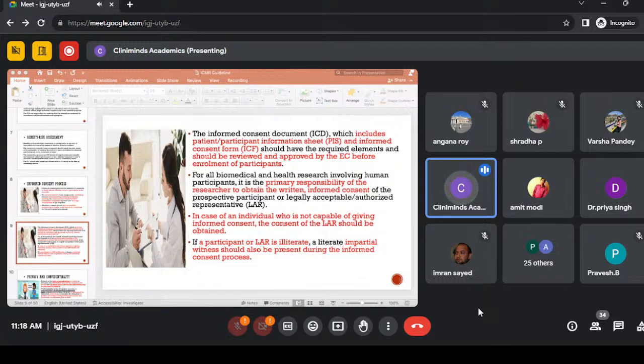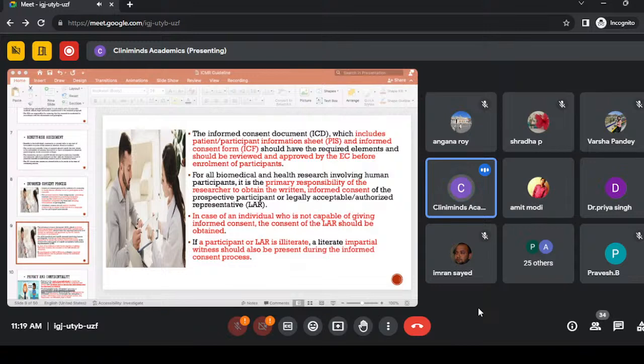Okay, so an impartial witness is a person who is independent of the trial, who has no relationship with the trial, who is not involved in the trial. That person will act as an impartial witness.